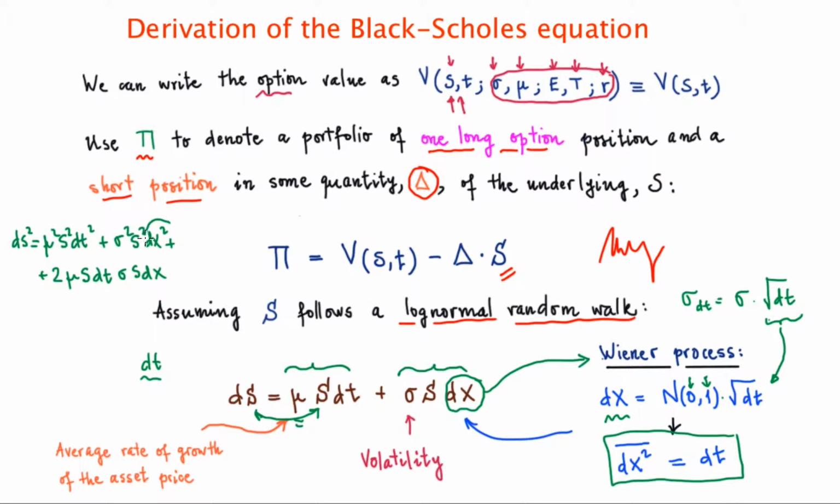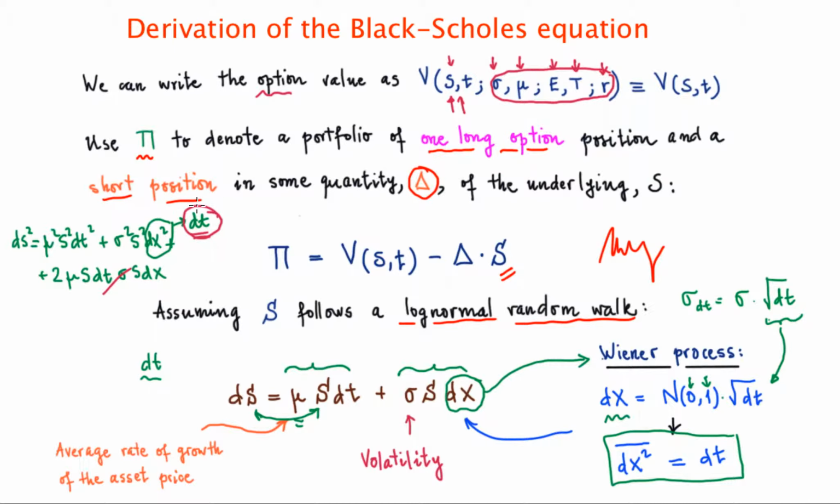So the square of ds will have a contribution which is proportional to dt. And another contribution here is proportional to dt times the average of dx, which is basically 0. So here will not contribute. But the square of ds will have a contribution which is linear in dt.